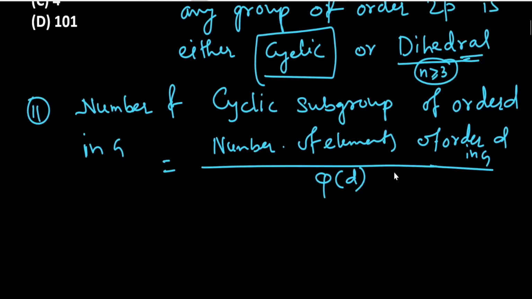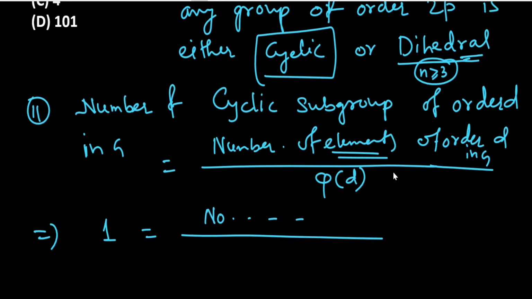Therefore the number of cyclic subgroups of order 2 is unique, which is equal to 1. We have to find the number of elements of order 2.